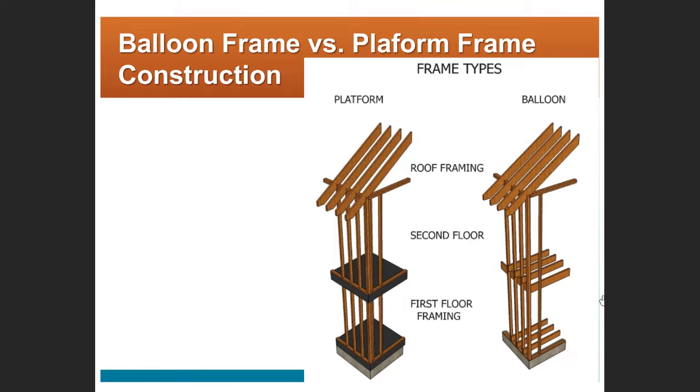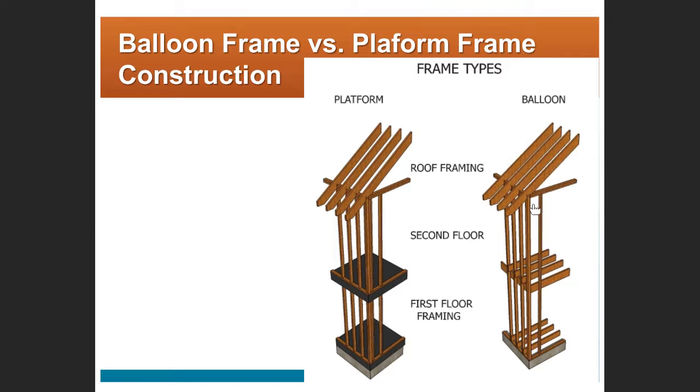It's a little hard to see here, but the main distinguishing characteristic of a balloon frame is that the vertical member is one long piece of wood. In this case, that comprises 2 stories high. And then at the floor, this floor joist is in essence hanging off that stud, as opposed to a platform frame house where each floor is framed individually.